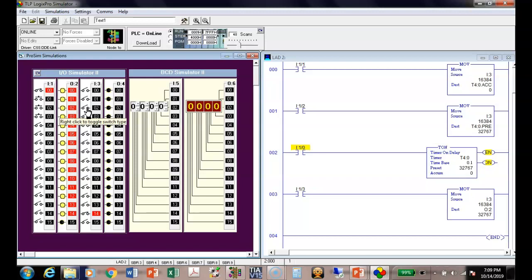So I'm going to come over here on these switches, and we'll just turn on every other one. Oops, missed one. That's okay, it doesn't make any difference. And then I'm going to come over here and just hit this button right here, and my outputs went to that state without going through any decision making, right?